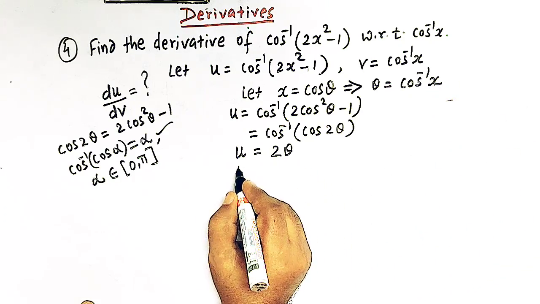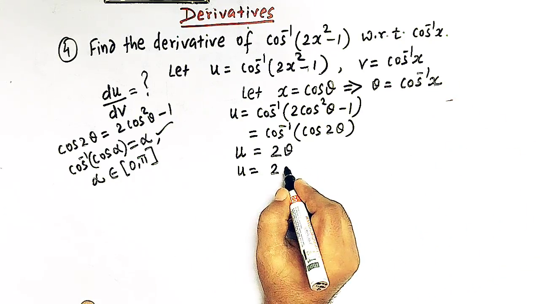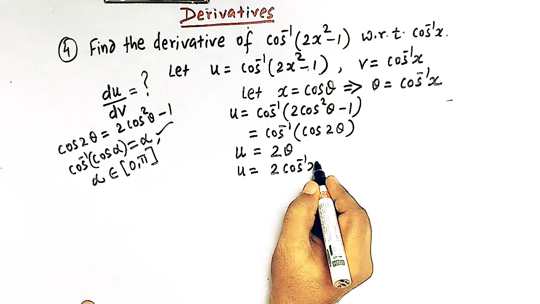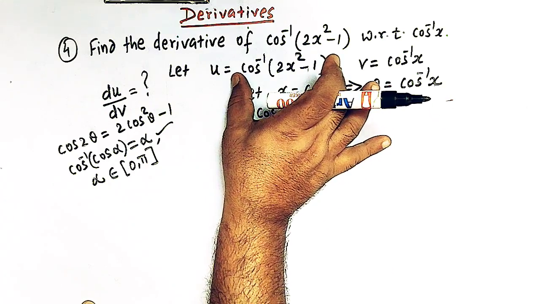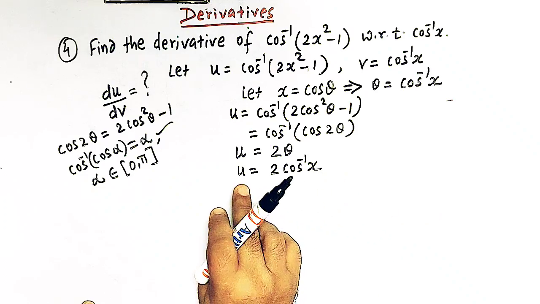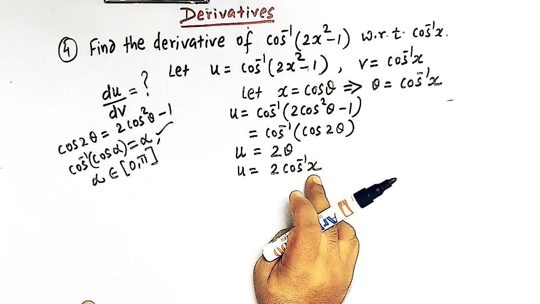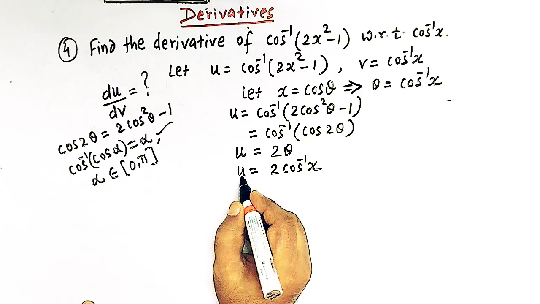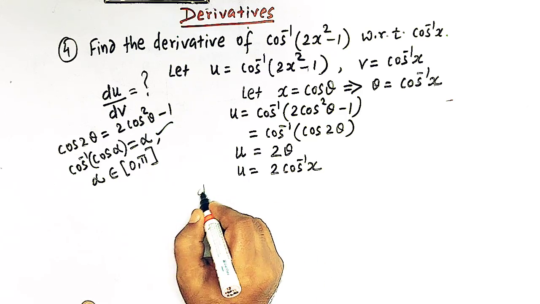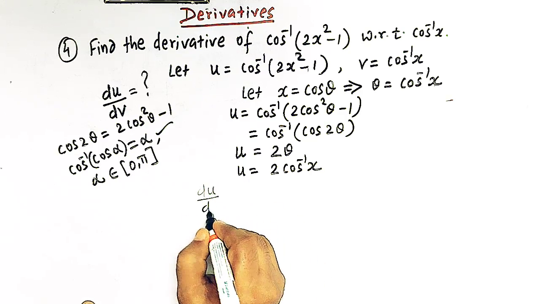So now we have u is equal to 2 times cos inverse x, right? So now we have simplified this function like this: u is equal to 2 cos inverse x, and v is cos inverse x. So now let us find out du over dx.